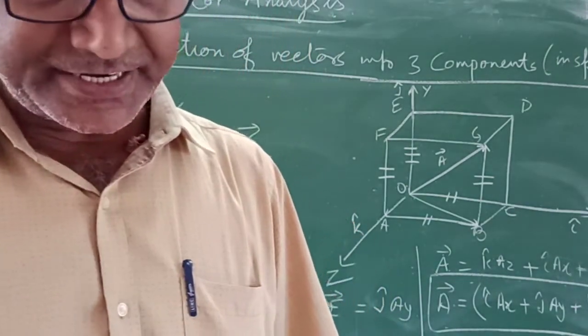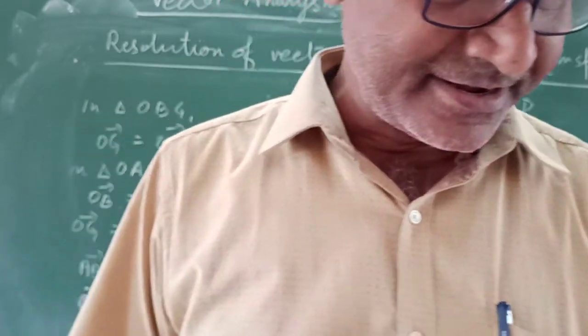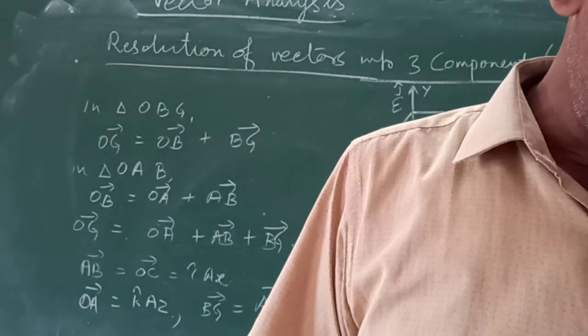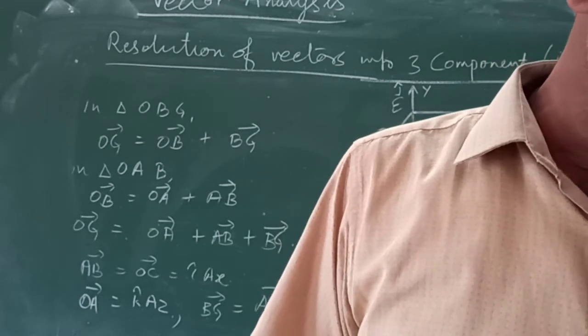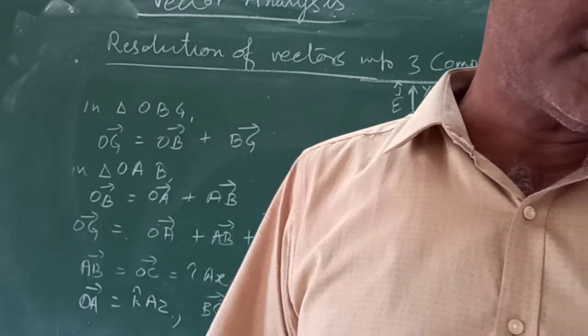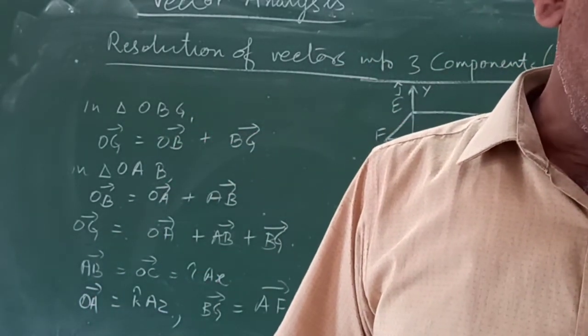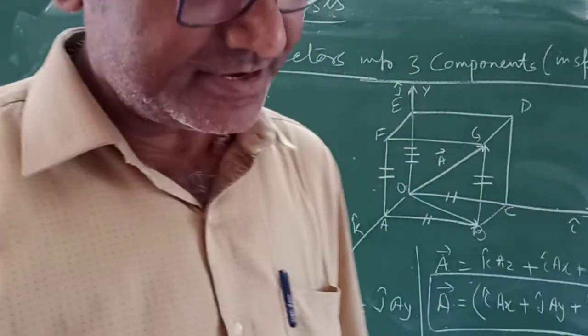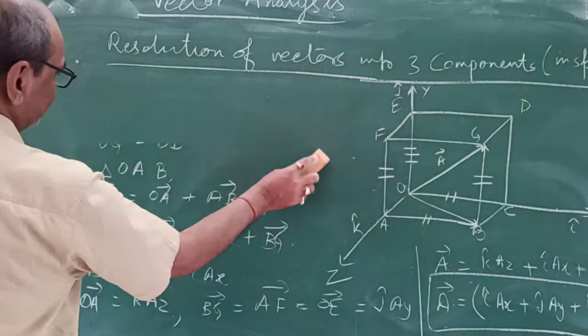If you want to find the magnitude of vector A, then we write, modulus of A is equal to root under Ax square plus Ay square plus Az square.